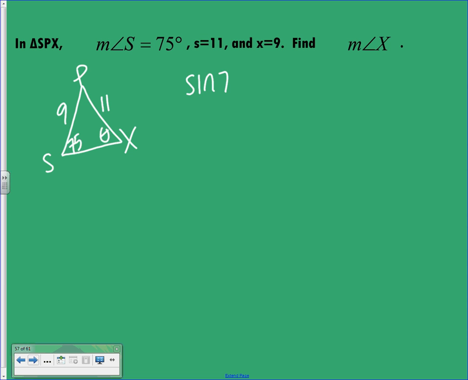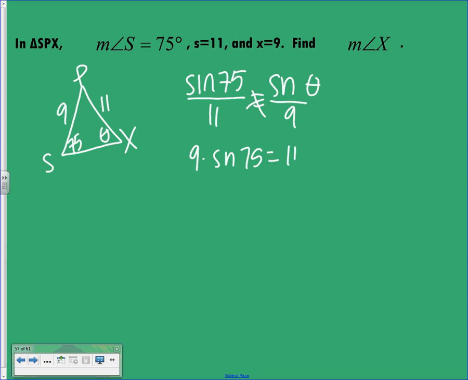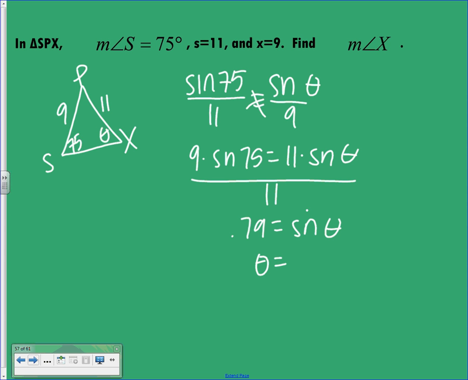So I can say the sine of my angle 75 over the side 11 will be equal to sine of the angle over the side across from that, 9. So I can cross multiply. 9 times the sine of 75 equals 11 times the sine of theta. So again, I would divide by 11 here. So I'd get 0.79 equals the sine of theta. To get theta, I would take the inverse. So I get theta to equal 52.21.